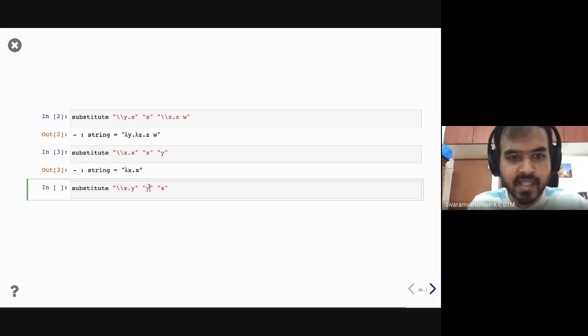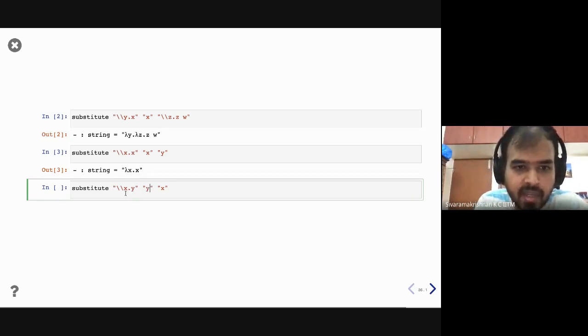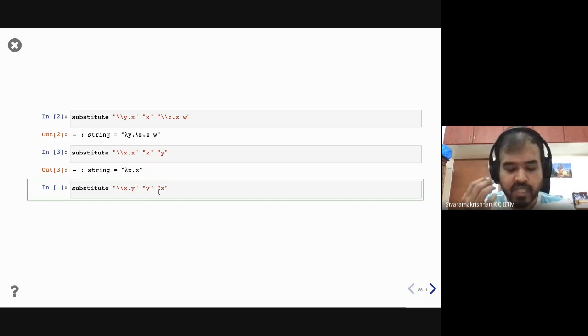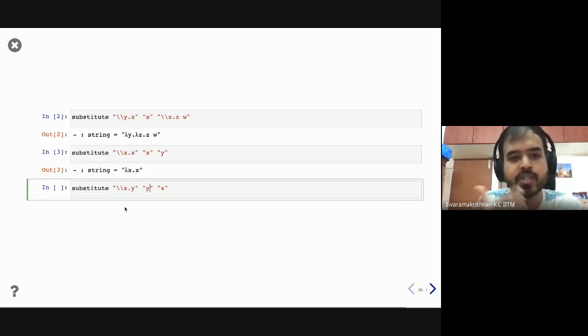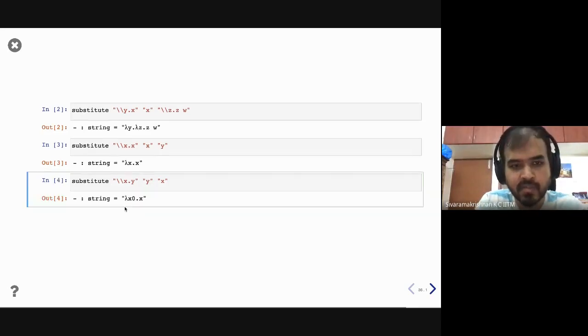And this is the last example where you have a constant function, right, which always returns y, and I'm replacing the occurrences of y with x. And the observation is that the meaning has to be preserved. So if you naively replace it, you will return an identity function. So we first do the renaming and then do the substitution.